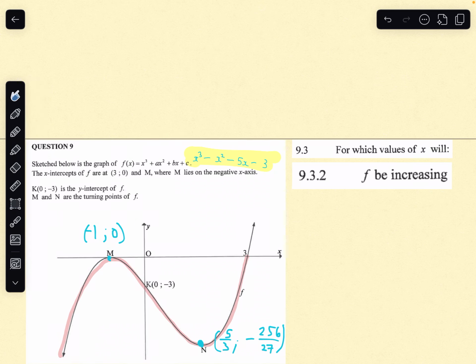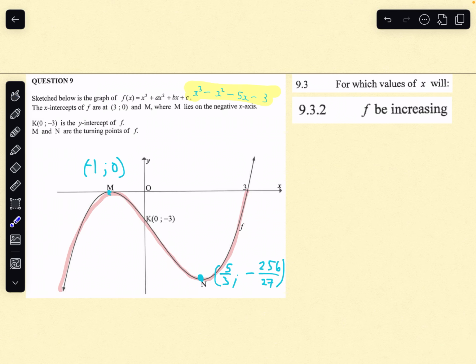Okay, the next question says, first I just need to erase this stuff. The next question says, for which values of x will f be increasing? Okay, so that's where it has a positive gradient. So positive, positive, positive, turning point, now we become negative, negative, negative, turning point, now we become positive infinitely.